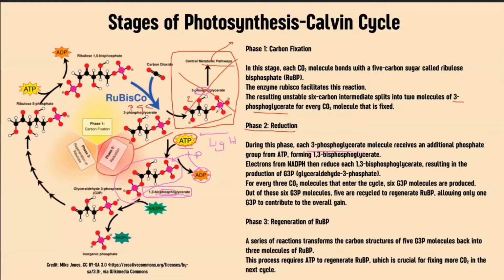It doesn't show it in the structure, but by the naming convention, you could see here that it says phospho, meaning one phosphate. The adenosine diphosphate removed a phosphate from adenosine triphosphate, which came from the light reaction, and attached to that 3-phosphoglycerate to then form 1,3-bi, meaning 2, phosphoglycerate.